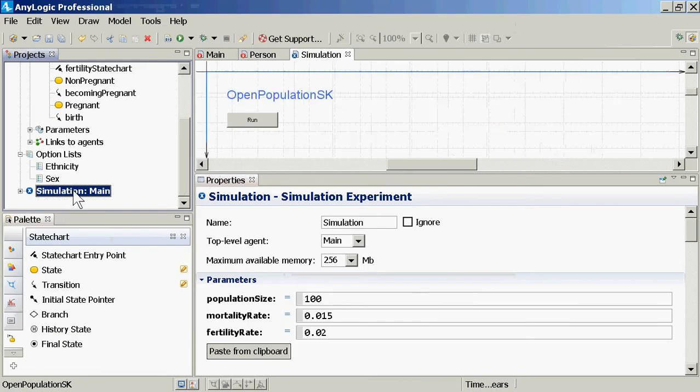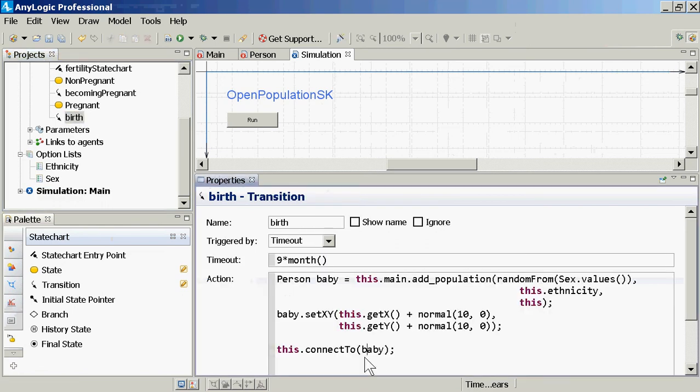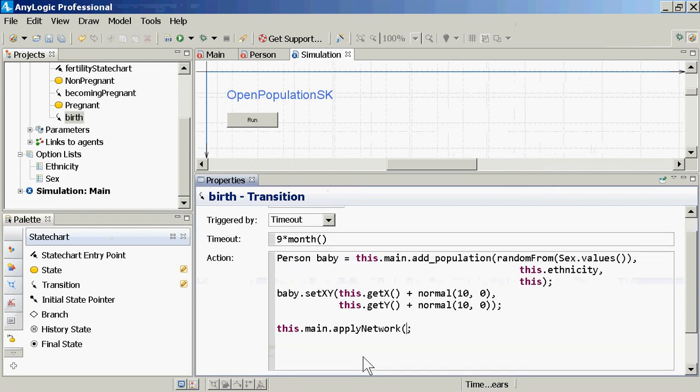Now let's go back to that again, and let's weave them into the network. So this.main.apply network, and here we'll just apply the whole network. So if the baby's close to other siblings, it'll be woven into them. It will be woven into other people close to the mother, and so we'll do apply network.